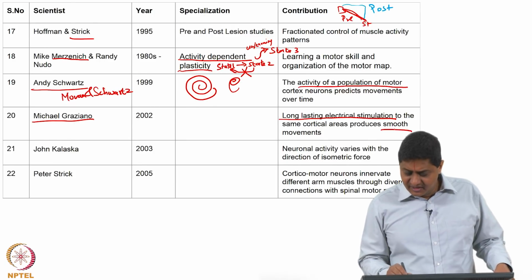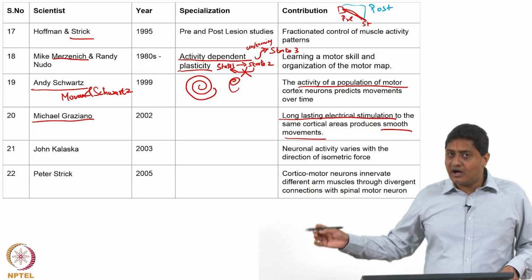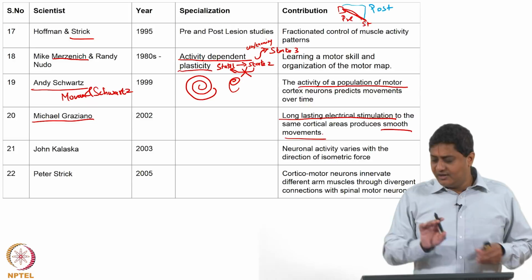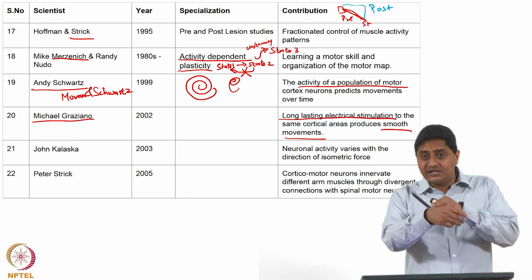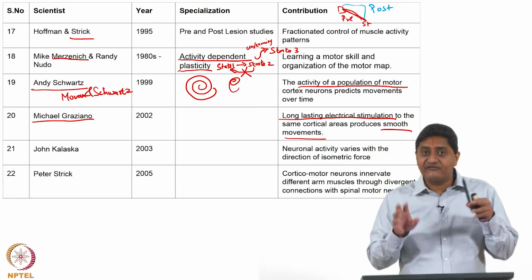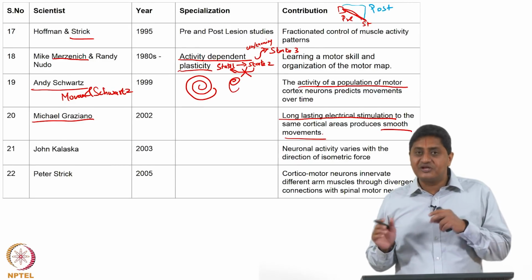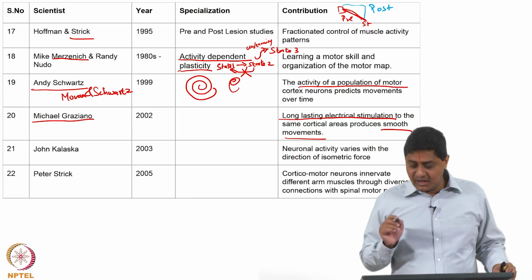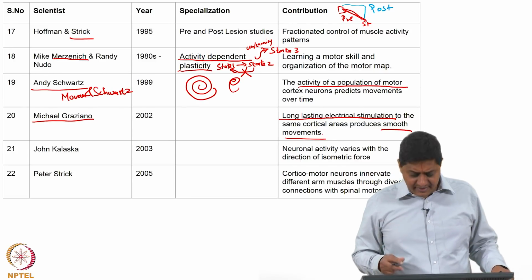We said this, defensive postures or hand to mouth movements. Let us remember, a hand to mouth movement involves movement at multiple joints, and that means finely coordinated temporal and spatial control of multiple muscles. This was achieved by long lasting electrical stimulation, a revolutionary idea.